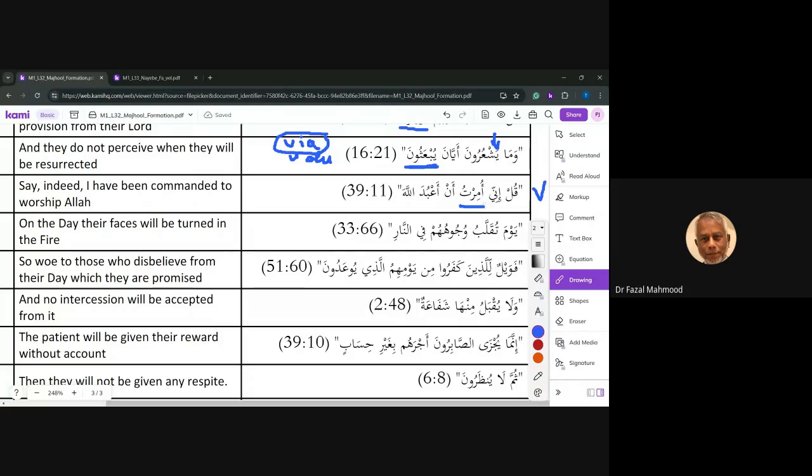Okay, now Amarat, and which form is that? No, one second. It's not Amarat, we should stop. Amara, Amaru, Amarat, Amarata, Amarna, Amarta, Amartuma, Amartum, Amarti, Amartunna, Amartu. Make Amartu Mazhool, please.